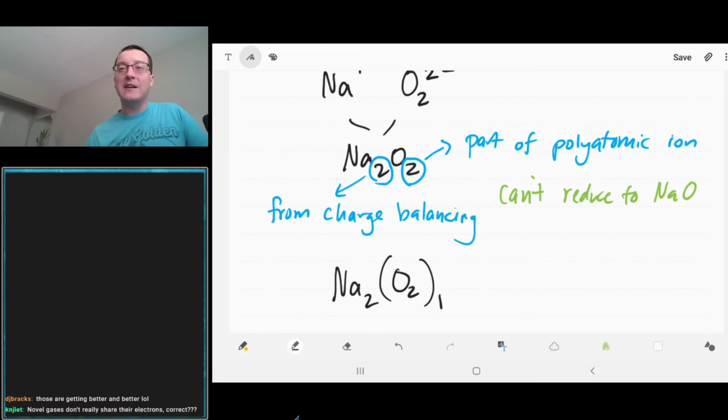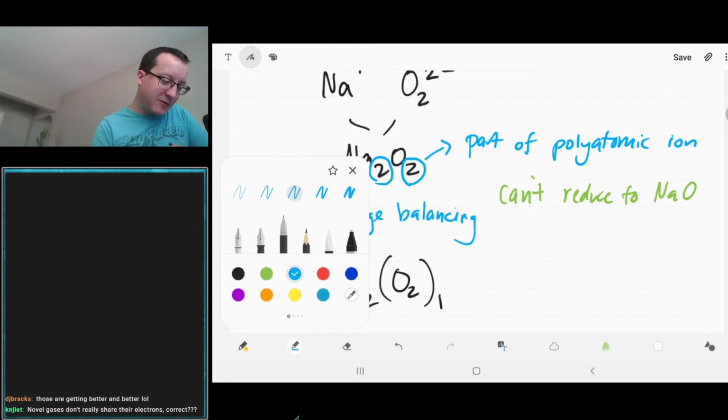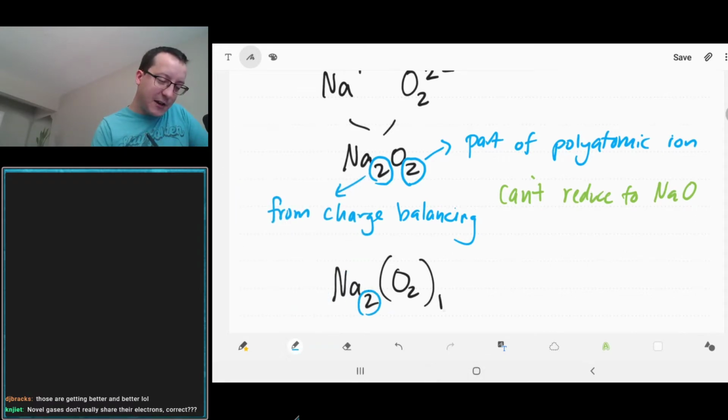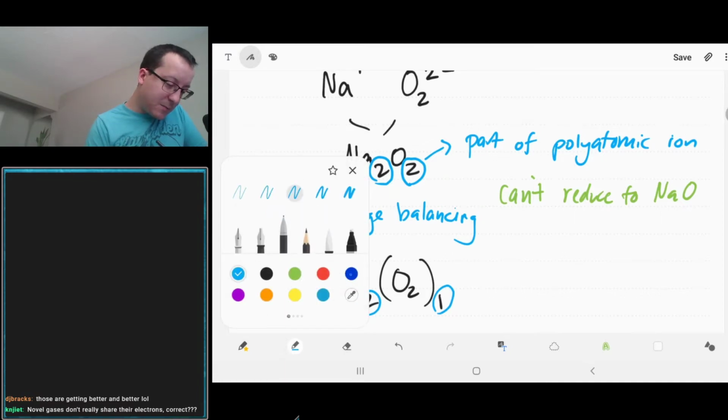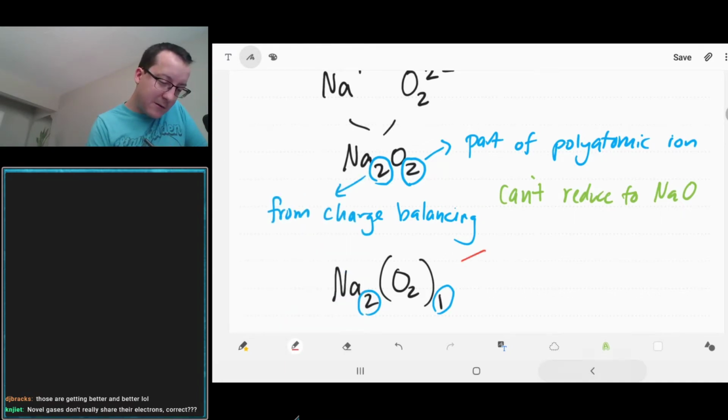This is why we can't reduce it, because the subscripts are not actually the same. The subscripts, meaning how many of each one there are, are not the same, so we cannot reduce it. Okay, these parentheses are just for explaining.